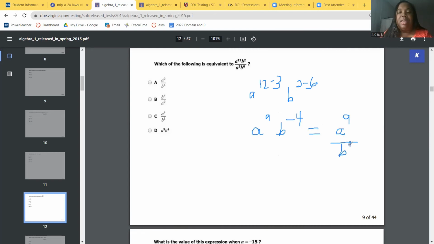What happened is this b became 1 over b to the 4th. This a was just a to the 9th times 1 over b to the 4th. So a to the 9th times the 1 is a to the 9th. 1 times b to the 4th is b to the 4th. So that would make this answer a to the 9th divided by b to the 4th.